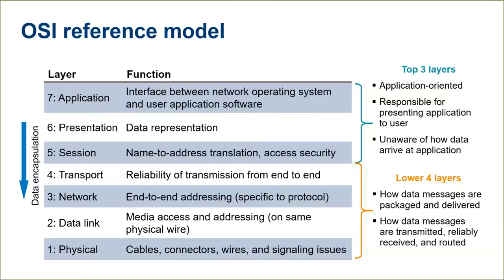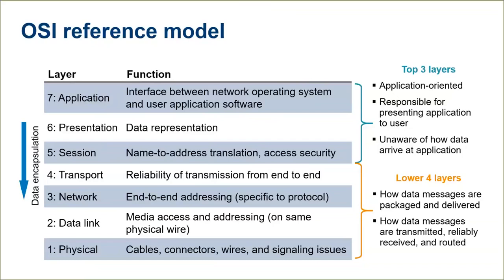Below that, we have the presentation layer, or translation layer, that translates the format of the sender's data to the format of the receiver and provides data compression, translation, or encryption. Below that, we have the session layer that provides the connection, negotiation, and login to establish and maintain connections and the synchronized dialogue.